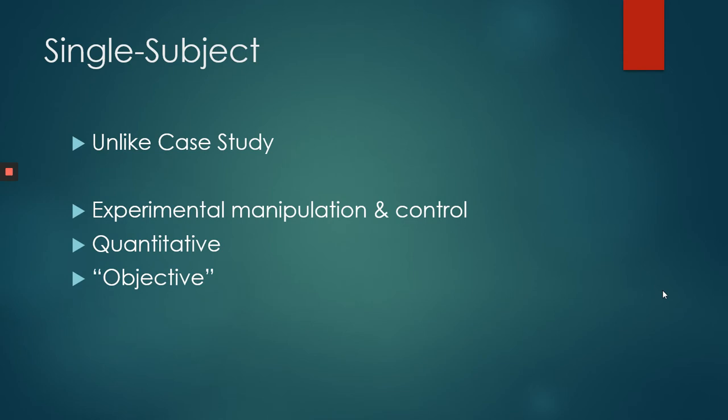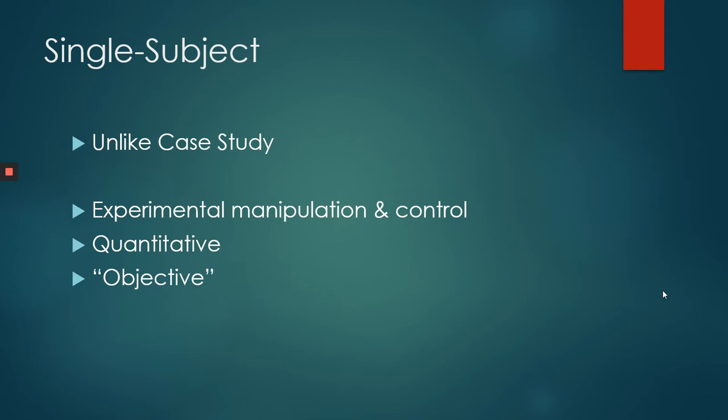The difference between single subject research designs and case studies is that single subject research designs emphasize experimental manipulation and control. They emphasize quantitative data, whereas case studies often have more qualitative data and so-called objective interpretations and measures.